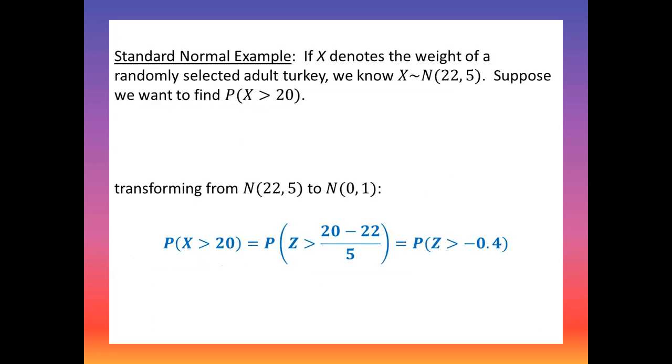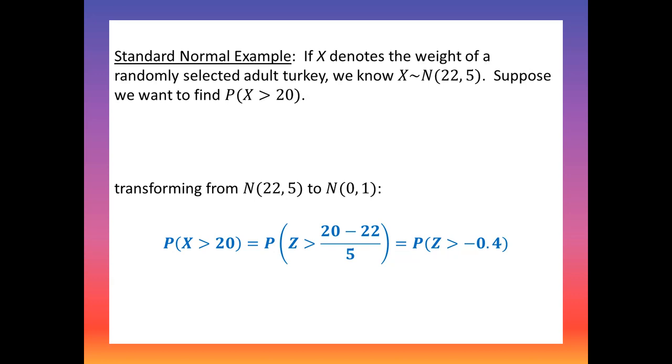Going back to the turkey example, if x denotes the weight of a randomly selected adult turkey, we know that x is normally distributed with a mean of 22 and standard deviation of 5. So if we wanted to find the probability that x is greater than 20, you could do it directly, or you could do it by transforming to a standard normal. The one on the left, the probability that x is greater than 20, you can do directly like that, with the mean set equal to 22 and the standard deviation set equal to 5.